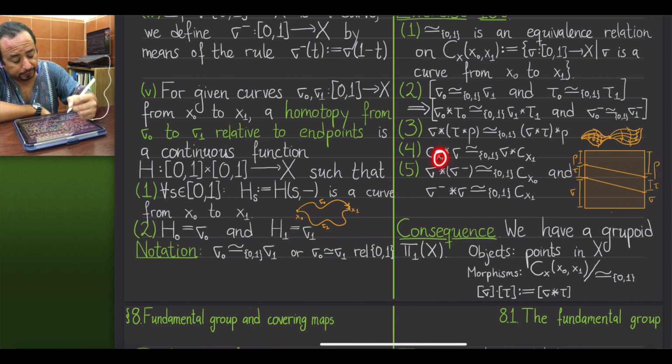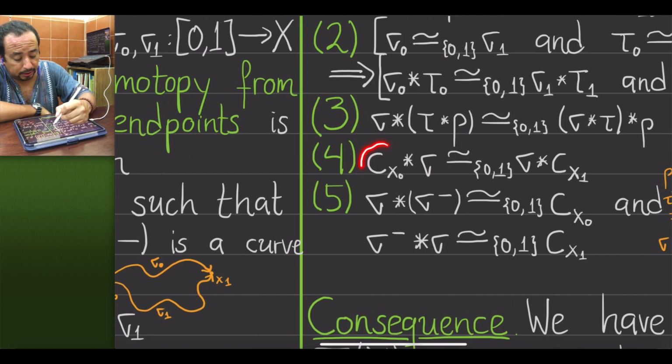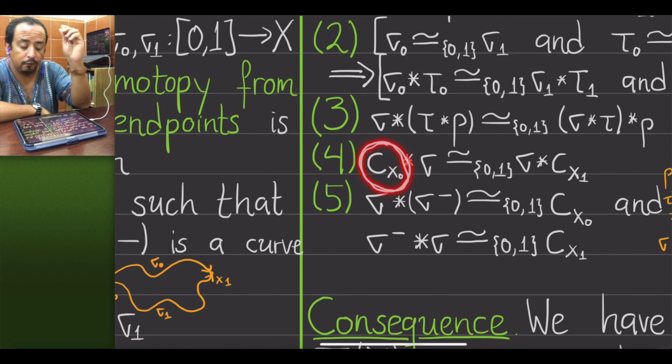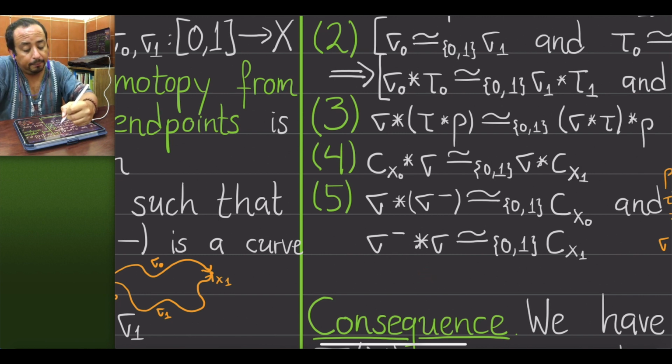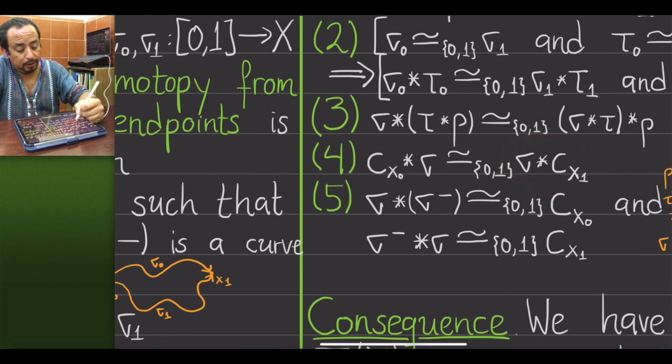If x naught is the starting point of sigma, then concatenating the constant curve with value x naught, the curve that starts at x naught and never moves, so it also ends at x naught, with sigma, is homotopic relative to endpoints to concatenating sigma with the constant curve at its endpoint.